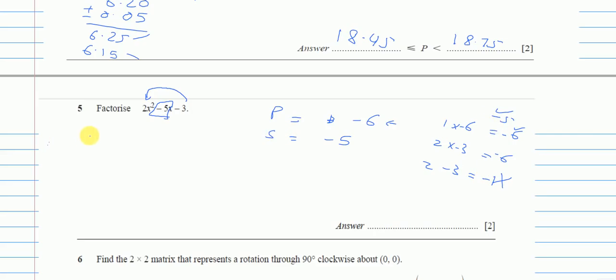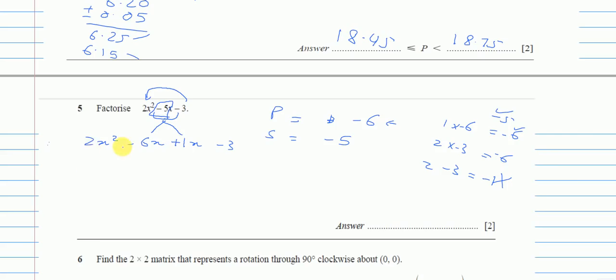So the two numbers we found: we are basically splitting this minus 5x, okay. So we get 2x squared minus 6x, and the other one is positive 1x, and then the rest is exactly the same, which is minus 3. We have just split this one here. Now we have to make groups.